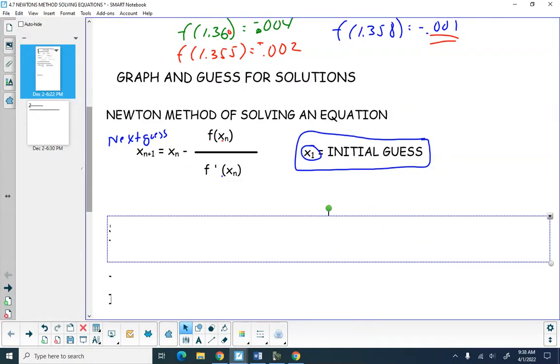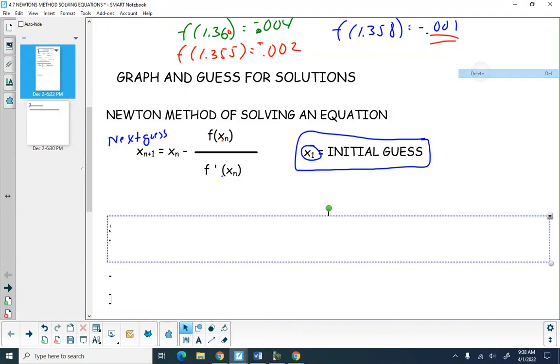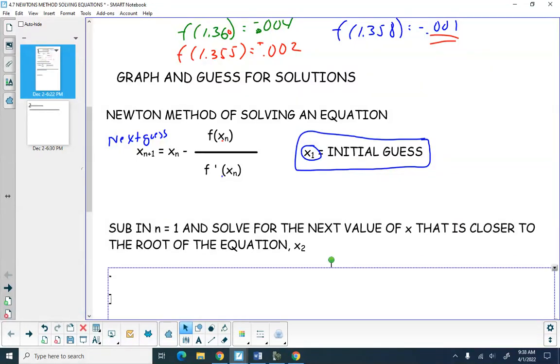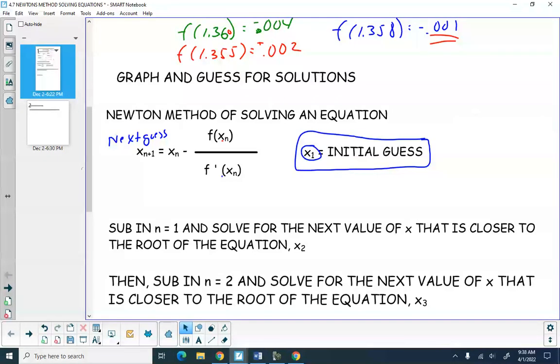And once again, we need to have an initial guess. If we sub n equals 1 in and solve for the next value of x that is closer to the actual root, which is going to be x2.